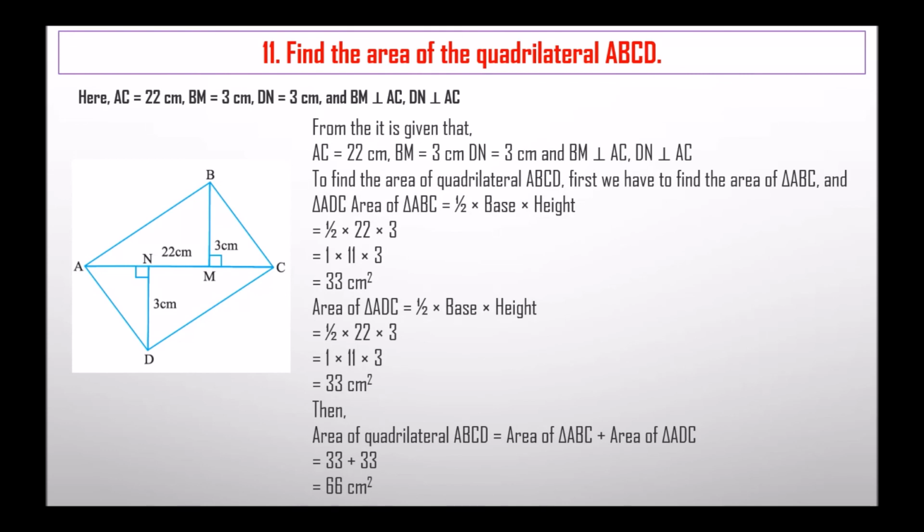We can cut 2 and 22, so 1 into 11 into 3, that is 33 centimeter square. Triangle ADC, that is half into base into height, so half into 22 into 3, so we can cut 2 and 22, so it is 1 into 11 into 3, that is 33 centimeter square. Area of quadrilateral ABCD equals area of triangle ABC plus area of triangle ADC. So 33 plus 33, that is 66 centimeter square.